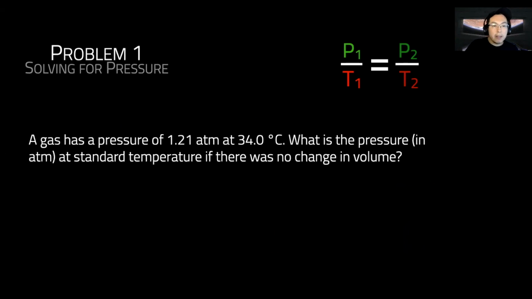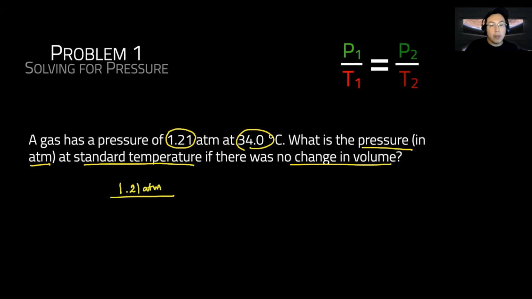We have a gas with a pressure of 121 atmospheres at 34 degrees Celsius. What is the pressure in atmospheres at standard temperature if there was no change in volume? So it's giving us the original statement, 121 atmospheres over 34 degrees Celsius. So we need to add 273.15 plus 34, right?